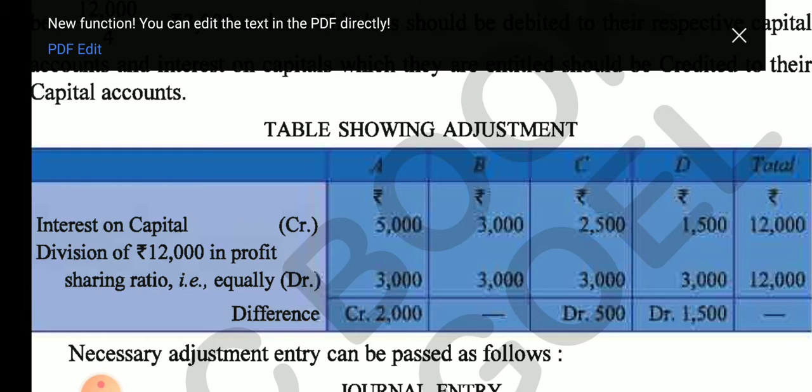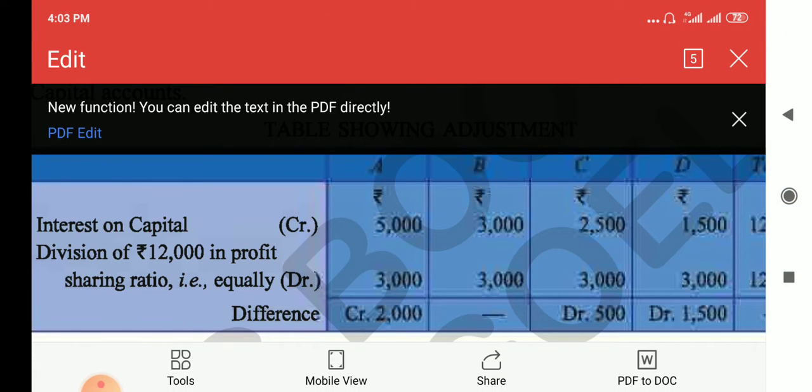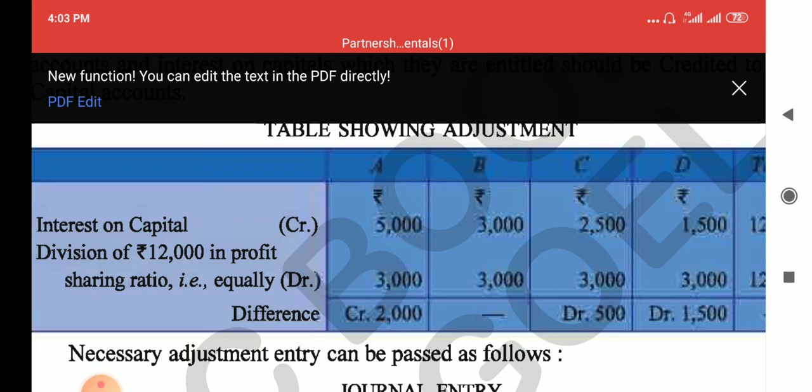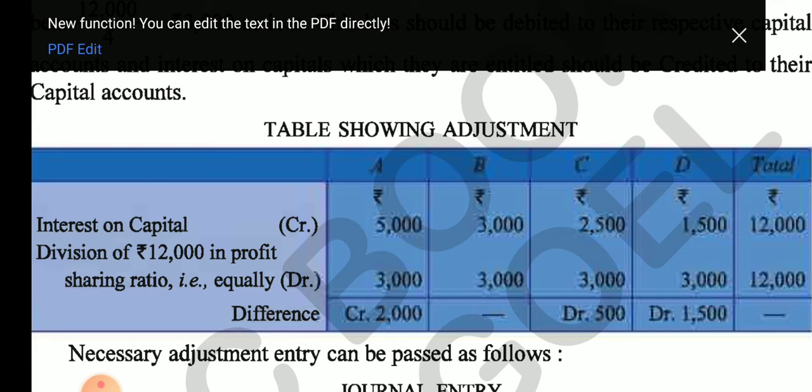Now we check who is taking more and who is taking less. 5,000 less 3,000 is 2,000, so A is taking 2,000 more. B and C are getting 500 less, and D, 1,500 less. Now whose amount is coming in minus is debited, and whose amount is coming in plus is credited.